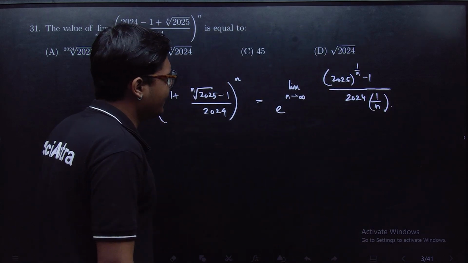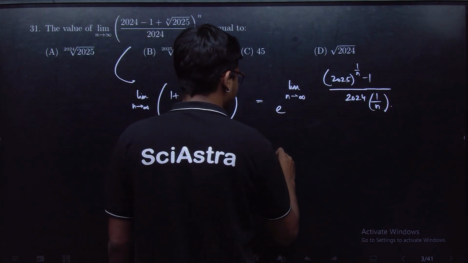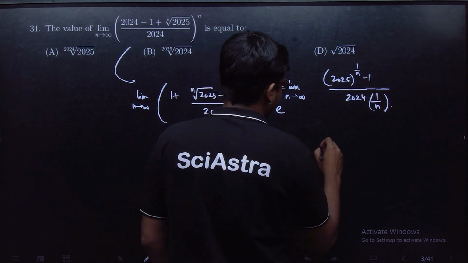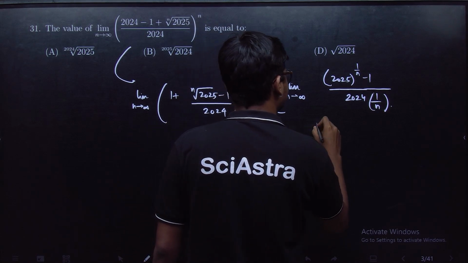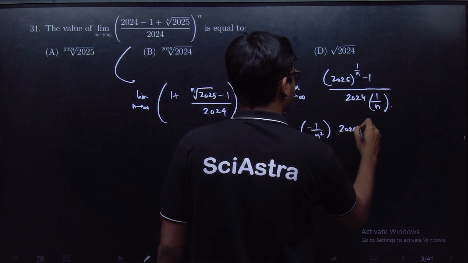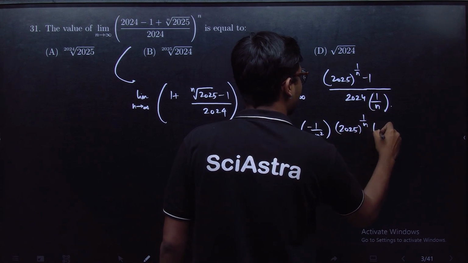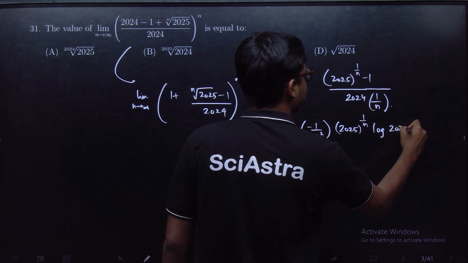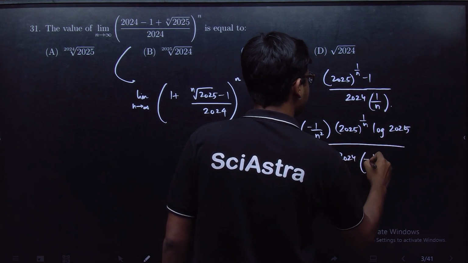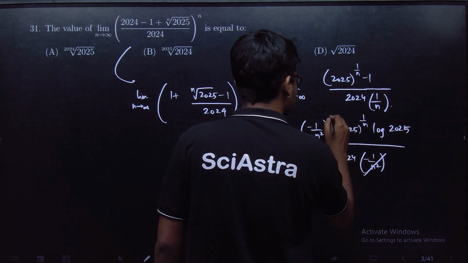Okay, and now if I differentiate this, if I use L'Hopital to find this limit, as n goes to infinity, this will become minus 1 by n square times 2025 whole to the power 1 by n times log 2025 divided by 2024 times minus 1 by n square. So this part cancels out, this goes to 1.